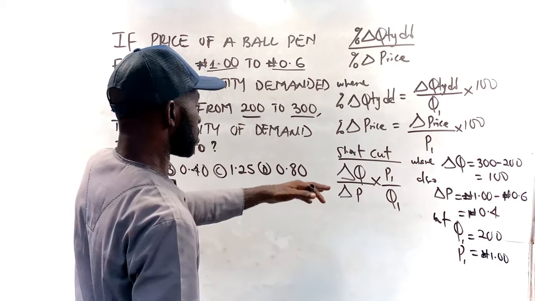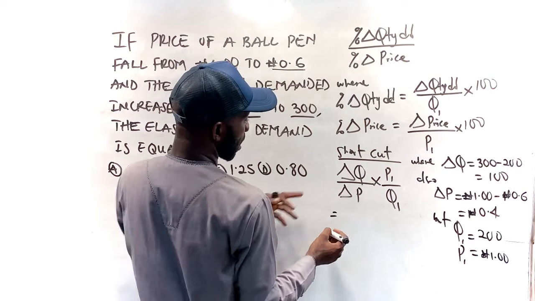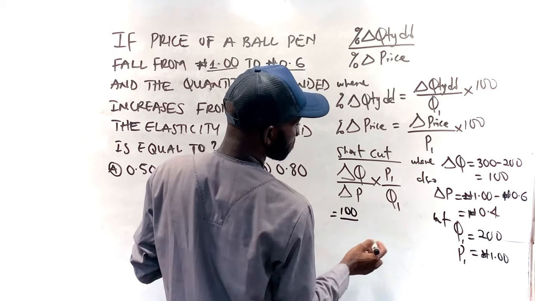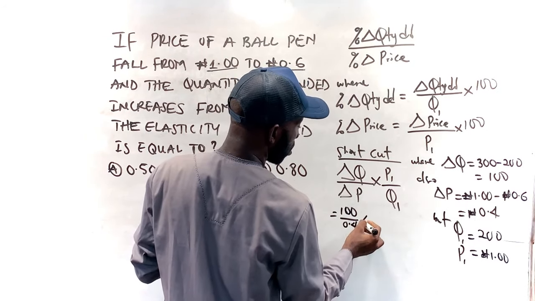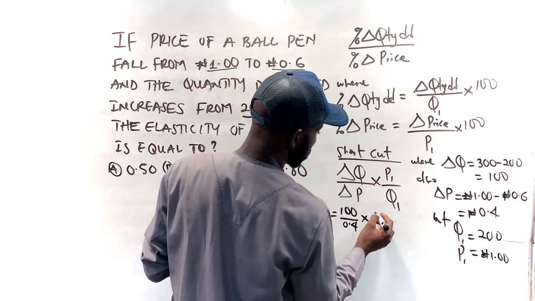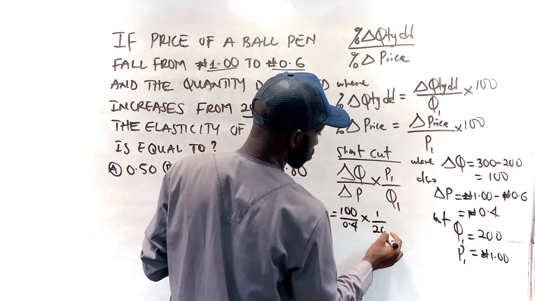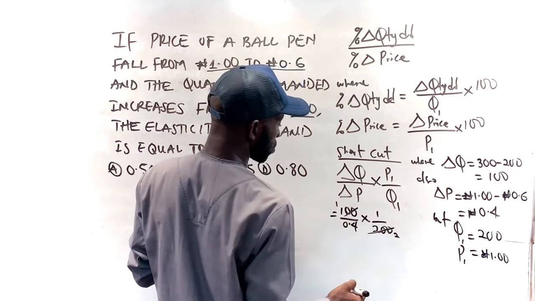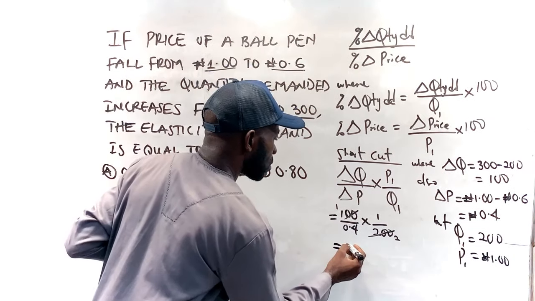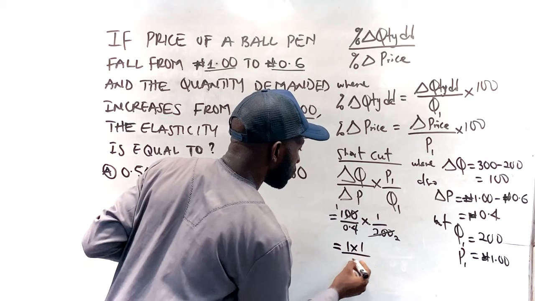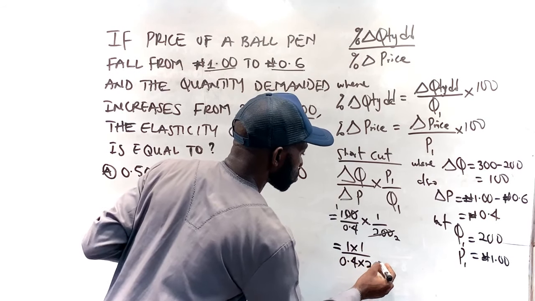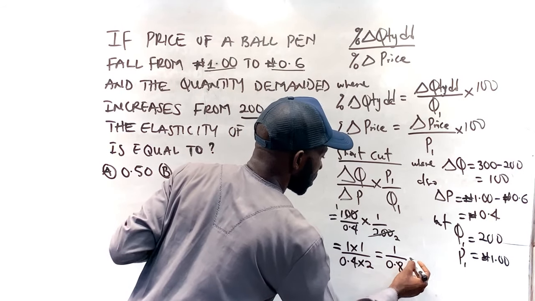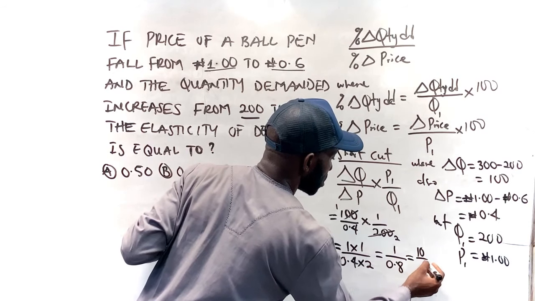We introduce that back into the formula, and we have change in quantity, which is 100, over change in price, which is 0.4, times first price, which is 1, over first quantity, which is 200. 100 here gives you 1, this takes 2, and then you eventually have 1 times 1 over 0.4 times 2, and that takes us to 1 over 0.8. And 1 over 0.8 is the same thing as 10 over 8.